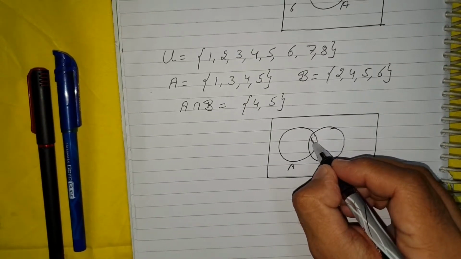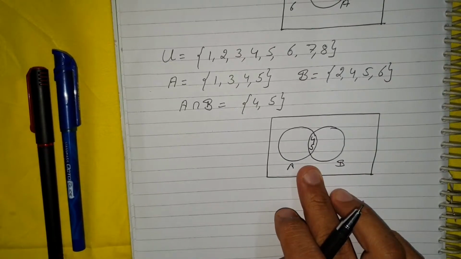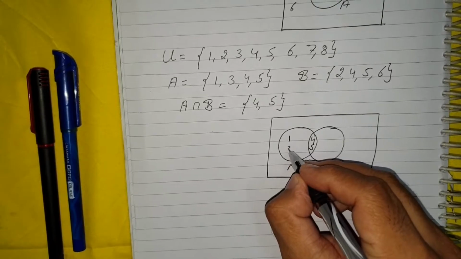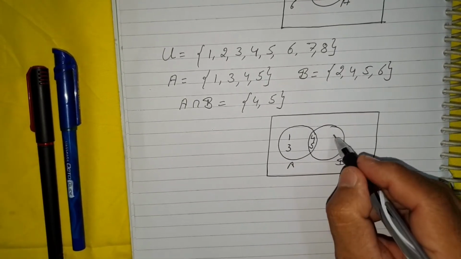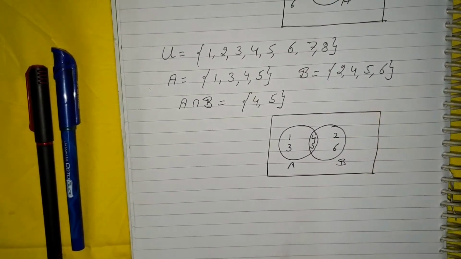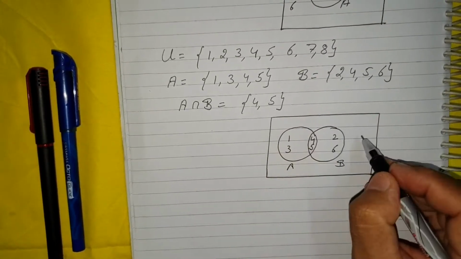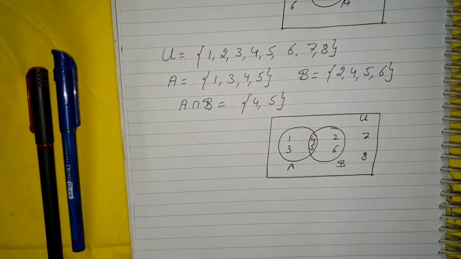So 4 and 5 go inside this, the intersecting region of two circles. Then A is 1, 3, 4, 5, so 1, 3 go in A only. B is 2, 4, 5 and 6. Now what is left is 7 and 8, so we write 7 and 8 outside. This is the universal set.